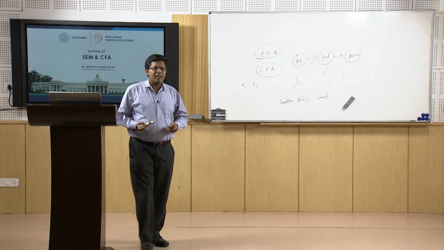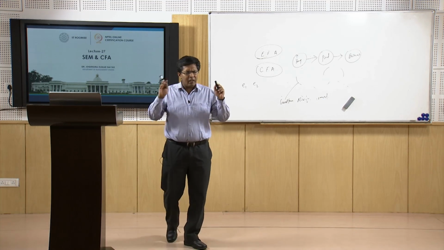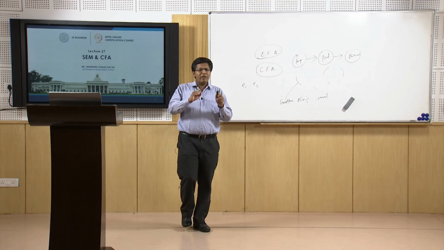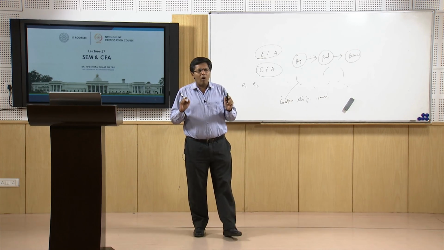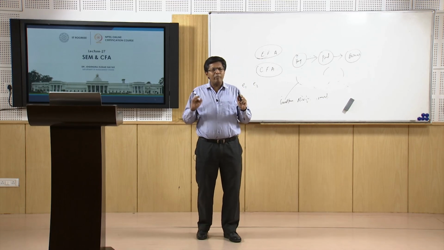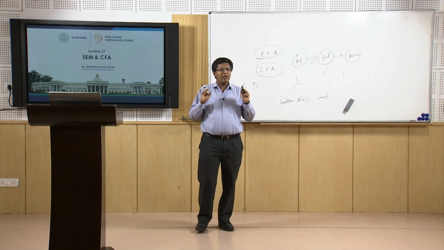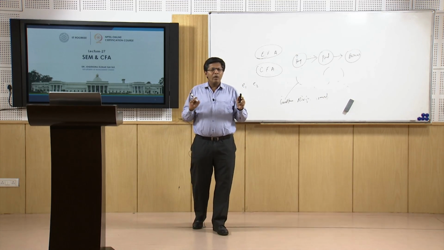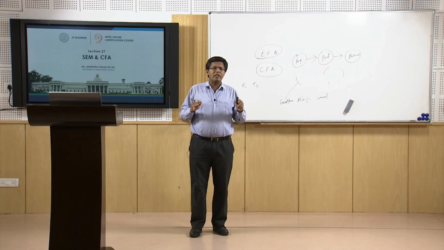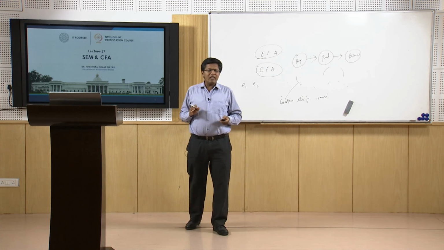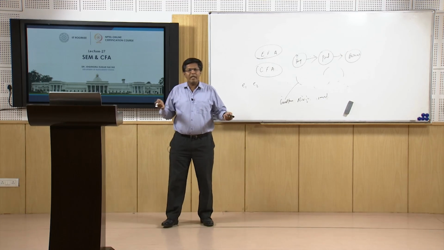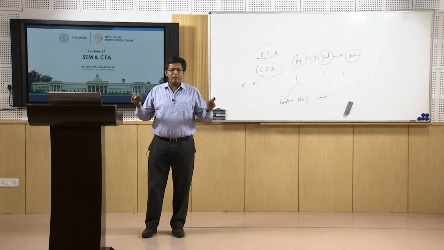So, let us see what is this SEM, this method where you have several variables coming together. It works like a multiple regression where you try to create several equations for the different dependent variables, right. Let us see what is this SEM and why I am connecting SEM and CFA.